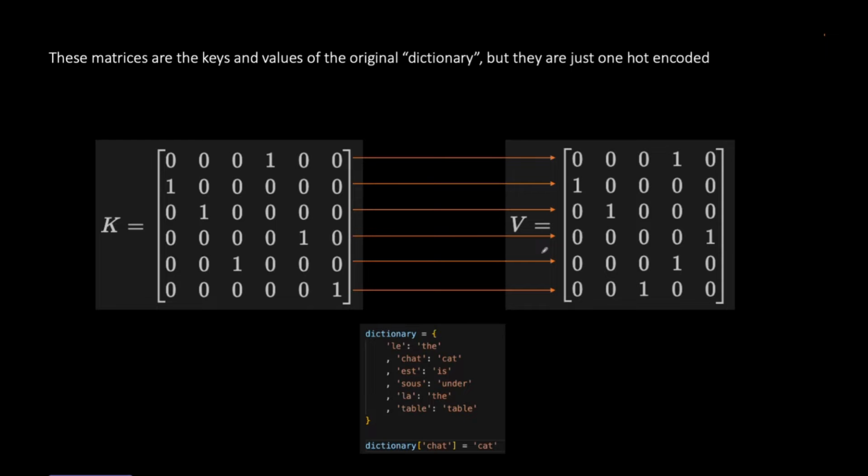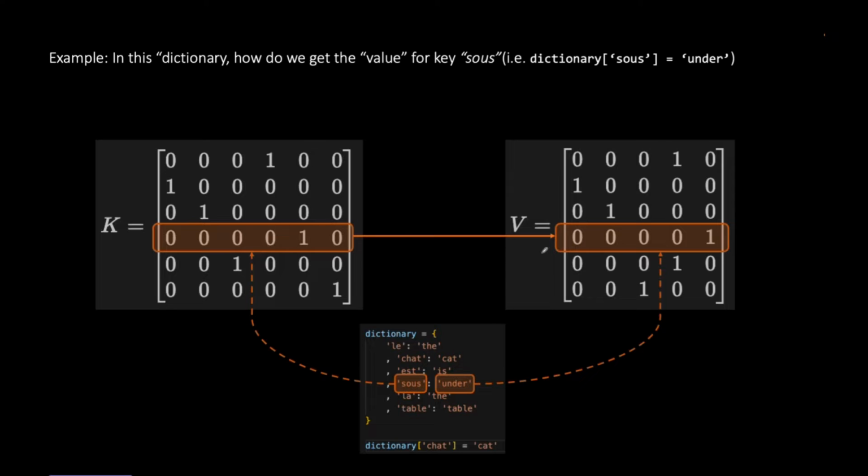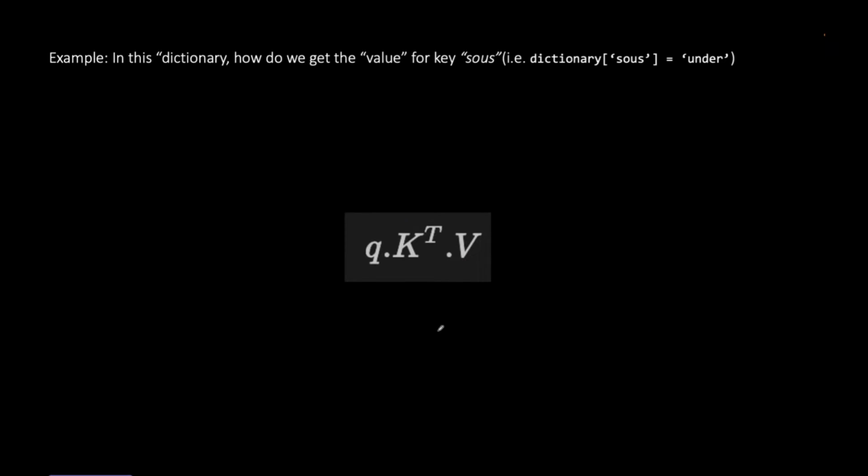So there's a one-to-one mapping here. For each key, there's a value. You can check that, for instance, in this example, one word of the key corresponds to the same position in the values, which is going to be the word one-hot encoded in the values. So how do we find the value for one key?